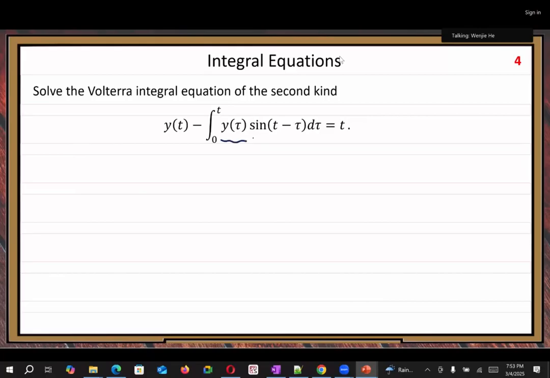But here you can see the structure is a convolution structure, equals t. The question: how to find the original function? This is the last slide of today. After we finish, we complete today's class.